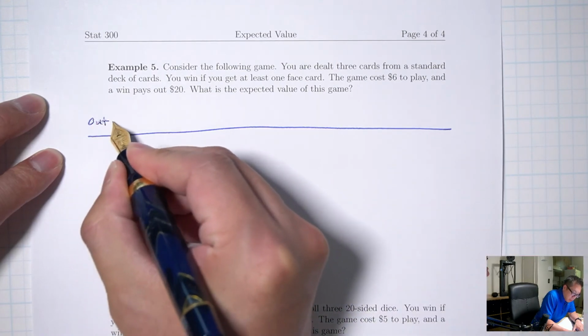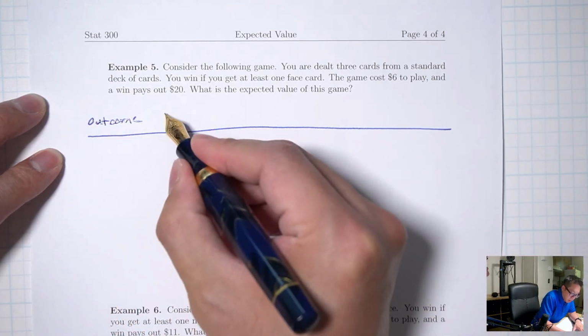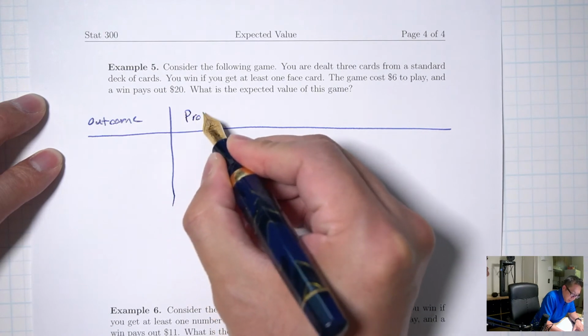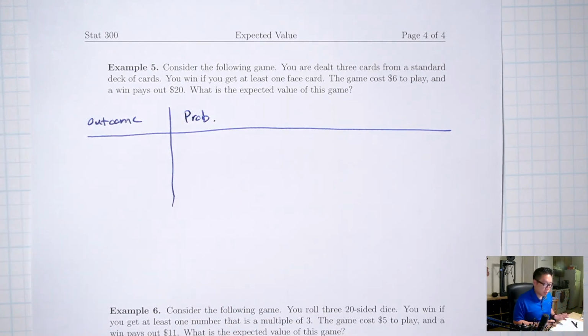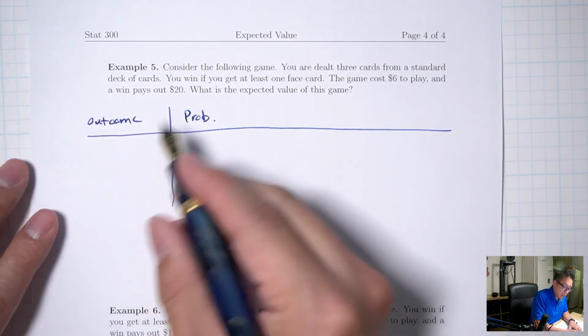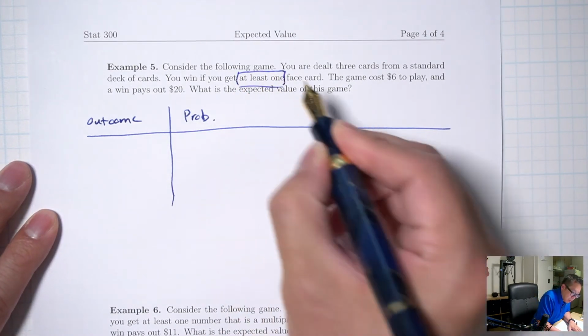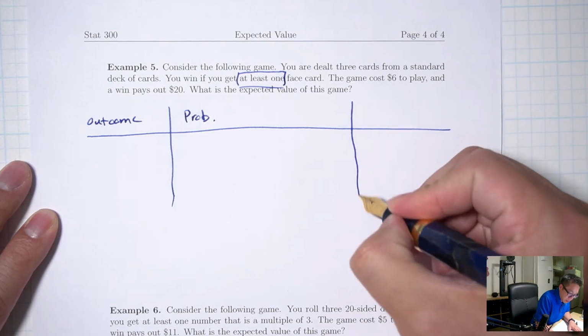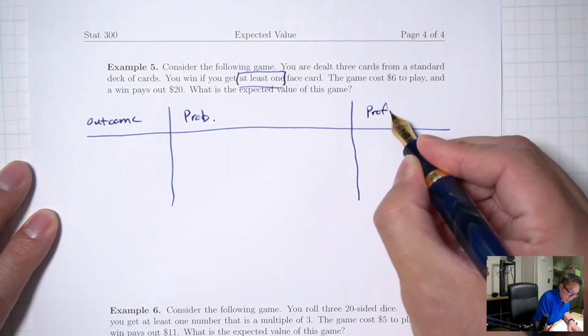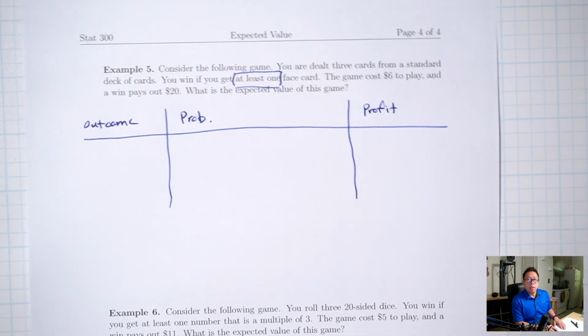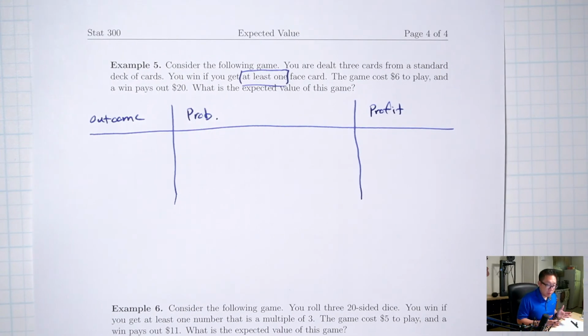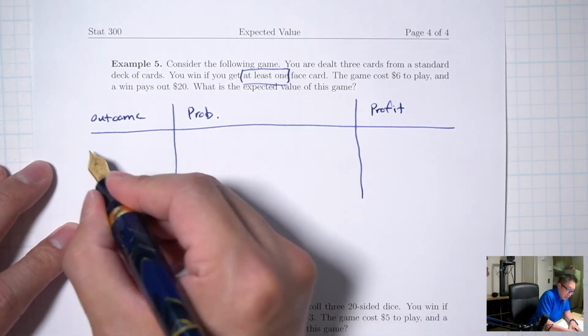So outcome, probability, and I think I'm going to need some space here for probability, because it's at least 1. So let me give myself some room. Now the only way you win is if you get at least 1 face.